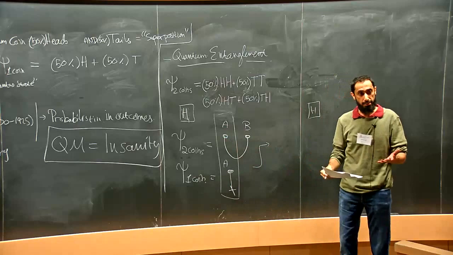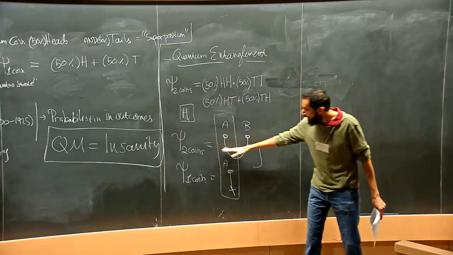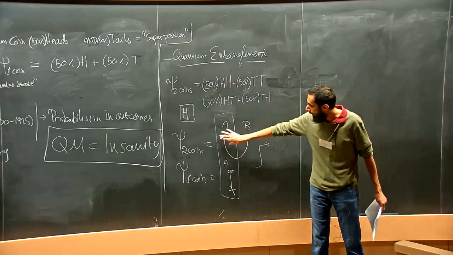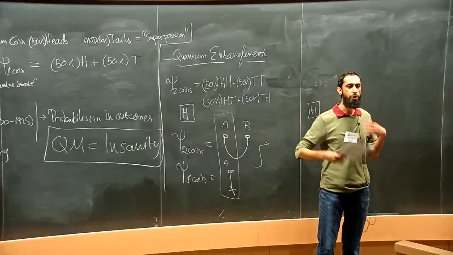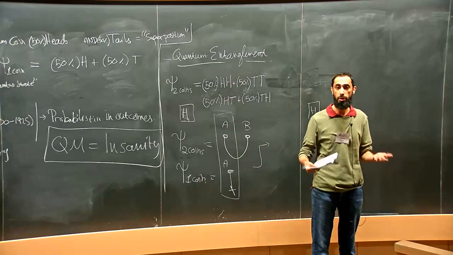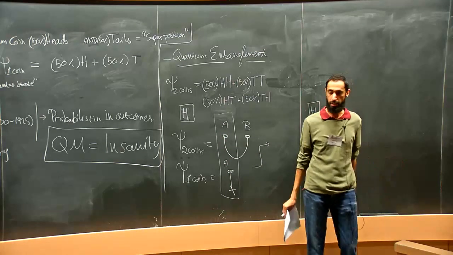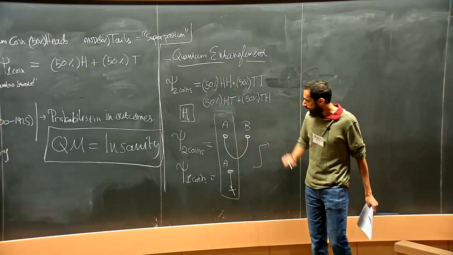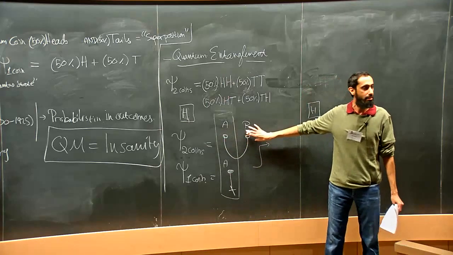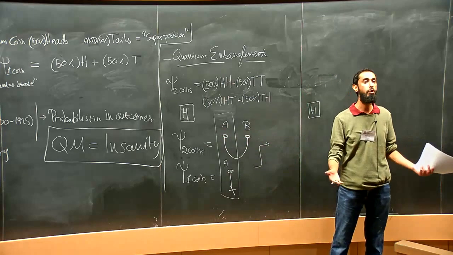So in some sense, in this entangled state, by looking at just A, you don't have complete information of what the quantum state is. You cannot reconstruct the quantum state. Okay? So here it says that you need both A and B in order to know what the full quantum state is.